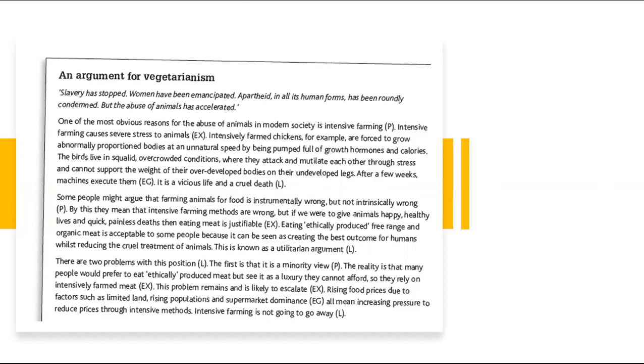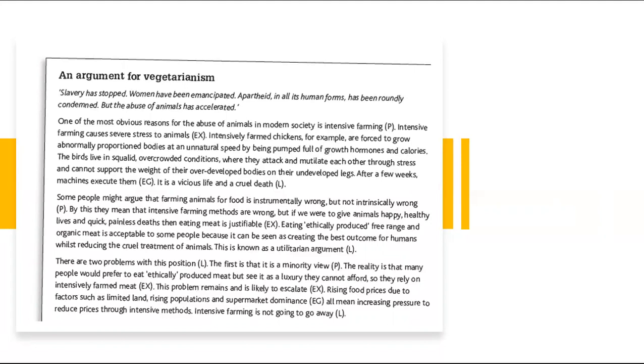Intensive farming causes severe stress to animals. You're explaining the point. Intensively farmed chickens, for example, are forced to grow abnormally proportioned bodies at an unnatural speed by being pumped full of growth hormones and calories. The birds live in squalid, overcrowded conditions where they attack and mutilate each other through stress and cannot support the weight of their overdeveloped bodies on their underdeveloped legs.